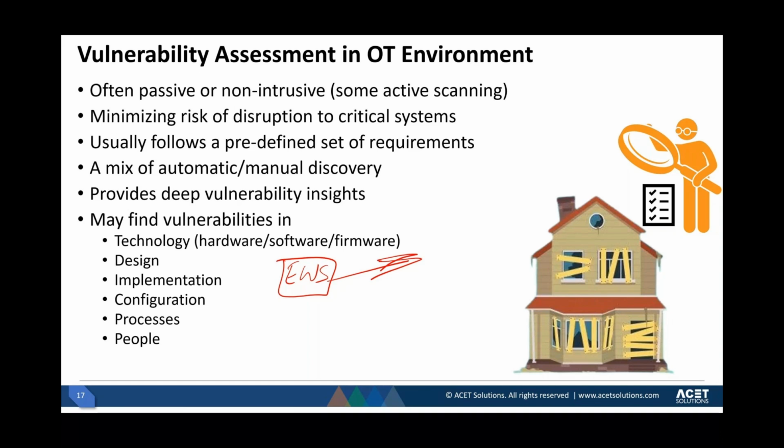A PT will not tell you that. But if you do your vulnerability assessment and include people and process in it, include the technology in it, then you will discover that, well, this is a vulnerability: the backup doesn't exist. So the vulnerability in this case is not necessarily just in the technology, in the firmware, the hardware and the software. It basically covers, like I said, deep vulnerability insight.